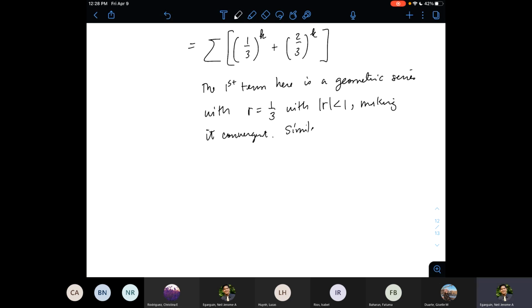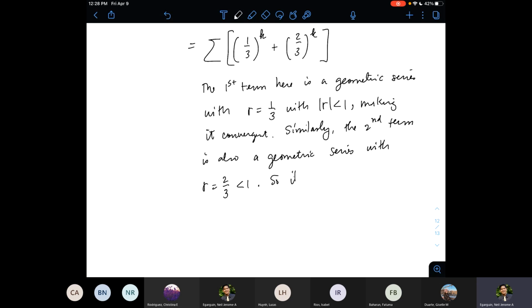Similarly, the second term is also a geometric series. With common ratio 2/3, which is less than 1. So it's convergent.